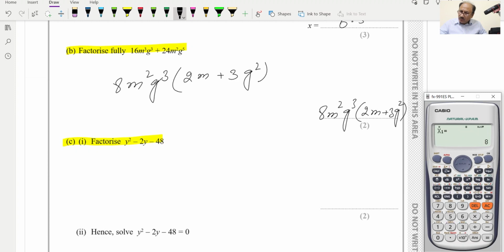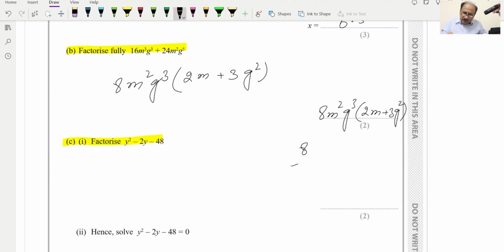The answer is 8 and minus 6. So 8 and minus 6, we will change sign and utilize these numbers. So we can write y minus 8 and y plus 6, and if we multiply, y squared minus 8y plus 6y, and so yes, it's correct.